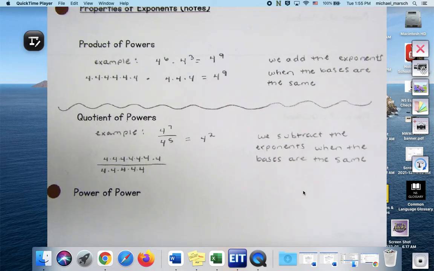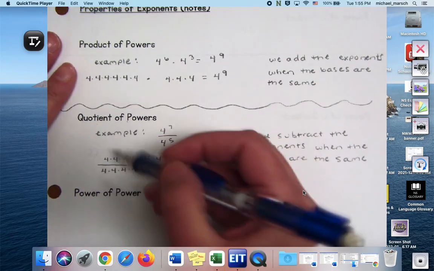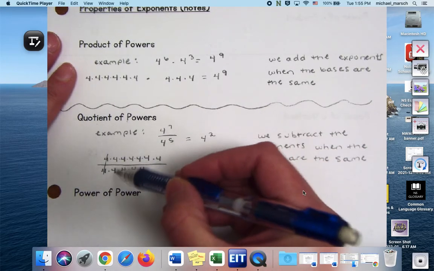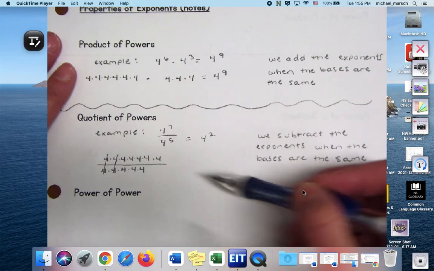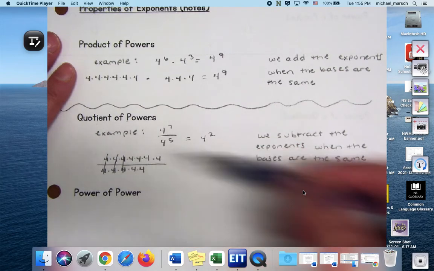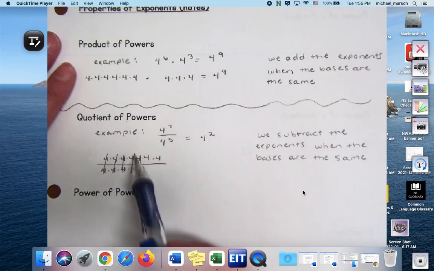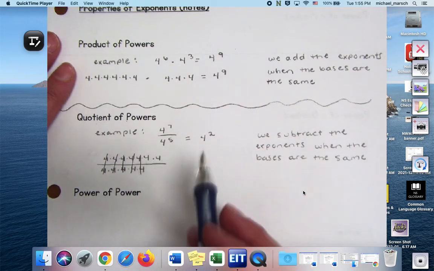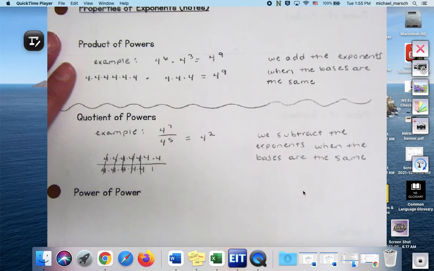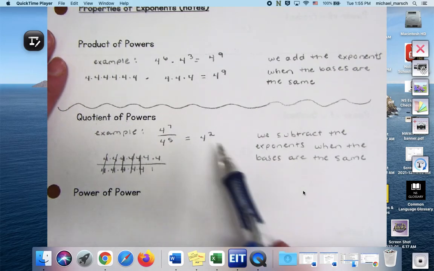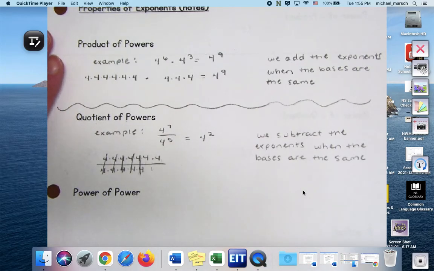So mathematically, 4 divided by 4, 1. 4 divided by 4, 1. 4 divided by 4, 1. Cross out what can be matched up, and what I'm left with is 4 squared over 1. So that's how I get 4 squared. But the shortcut is to just subtract them. We all love shortcuts, right?